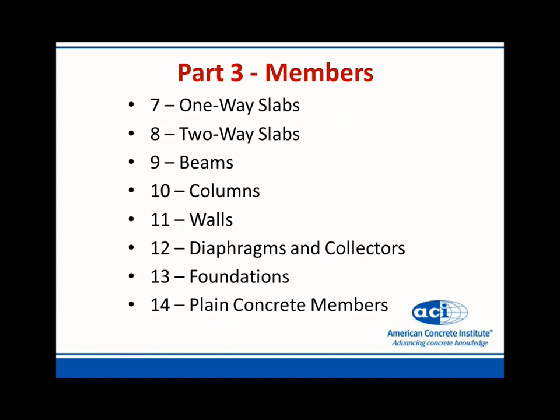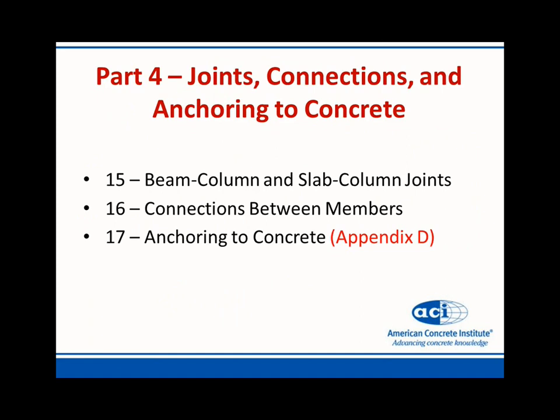The members that are addressed by the code are one-way slabs, two-way slabs, beams, columns, walls, diaphragms and collectors, foundations, and plain concrete members. Part 4 of the code addresses beam column and slab column joints. It addresses connections between the members, and it addresses anchoring to concrete, which is the old Appendix D.